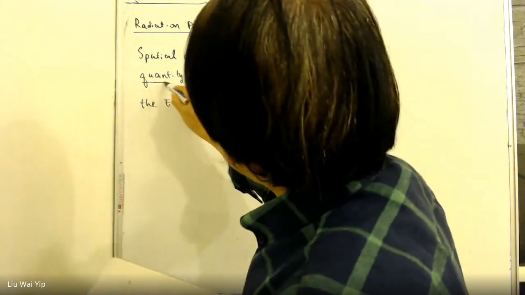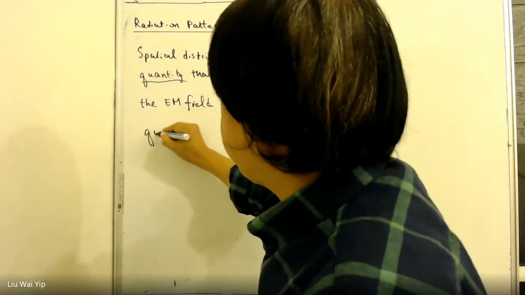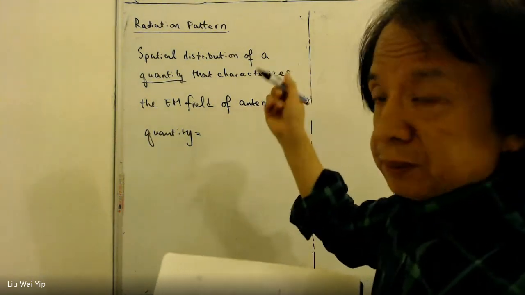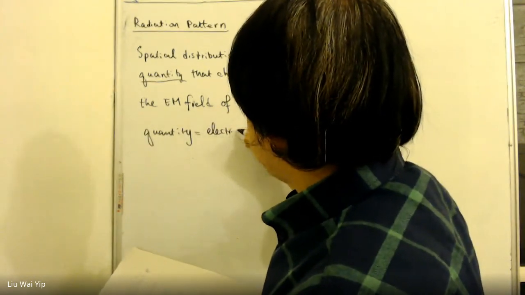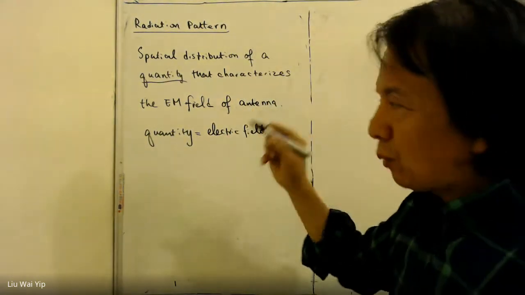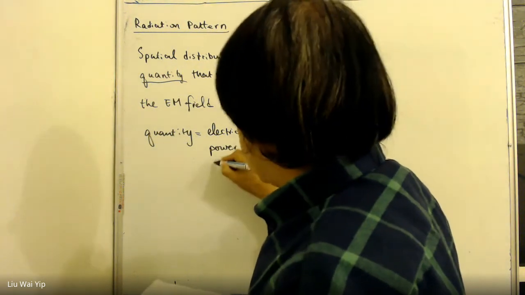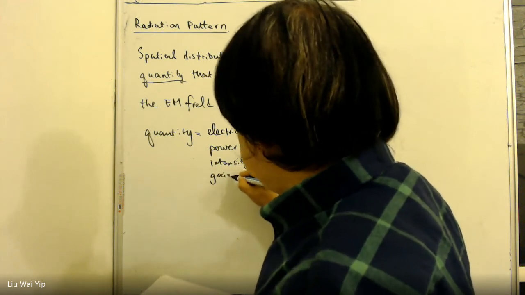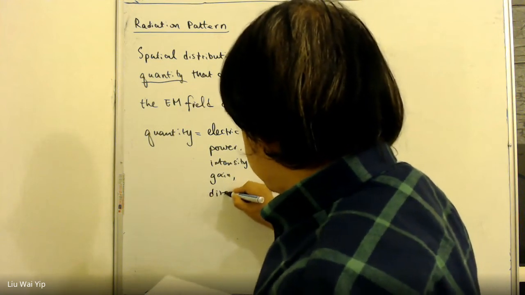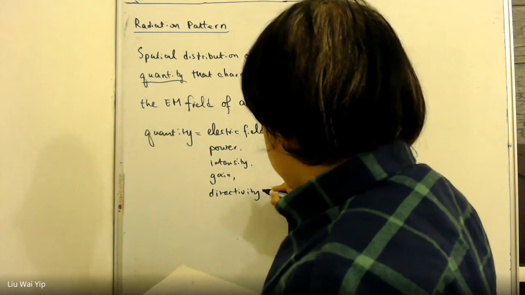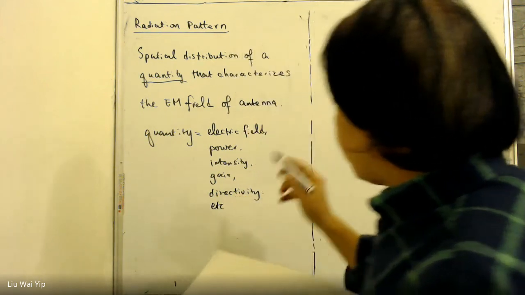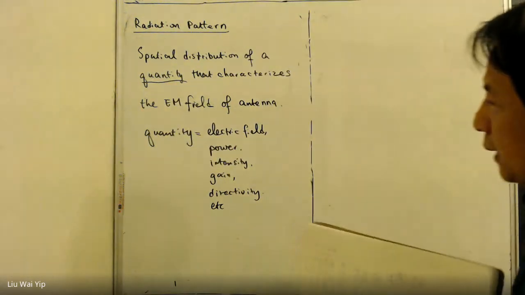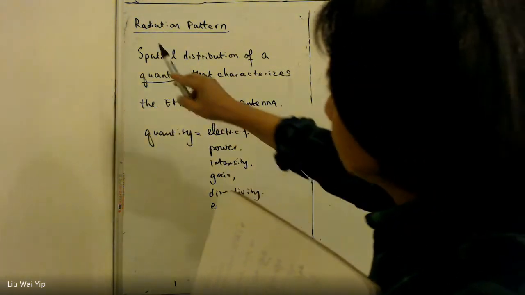And this quantity here can be electric field, power, intensity, gain, or of course directivity, etc. So whatever quantity can quantize the electromagnetic field of an antenna is a so-called radiation pattern.